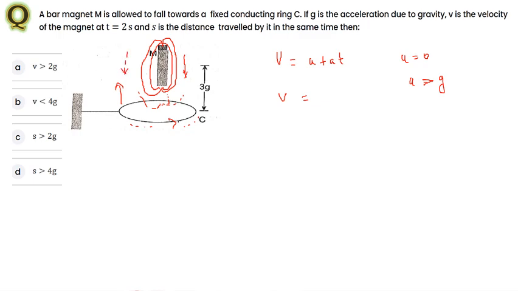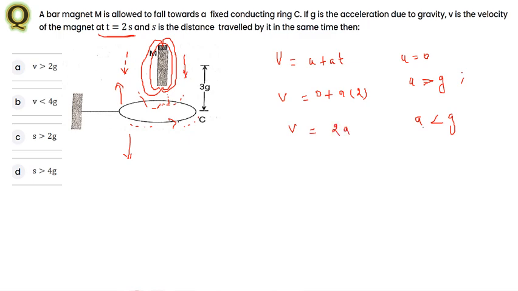But because of Lenz's law, the acceleration of the bar magnet is less than the acceleration due to gravity. So v is equal to 0 plus a into 2 seconds, at time t equal to 2 seconds. From this, v will be equal to 2a.